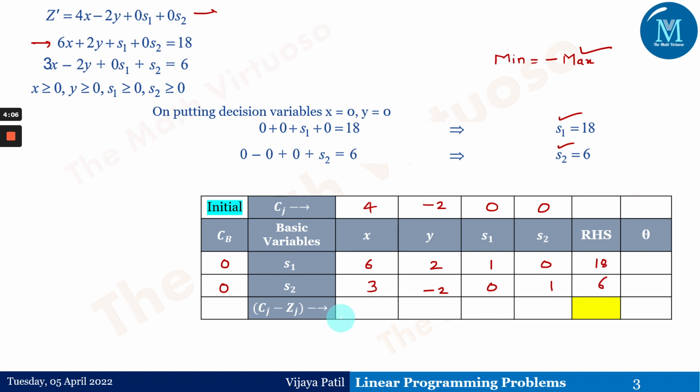We have to calculate Cj minus Zj the way we have done before. Again, the CB's for this step are 0, so obviously we get directly the same as Cj's: 4, minus 2, 0, 0. The biggest positive Cj minus Zj is this one, which means the first column would be the key column.